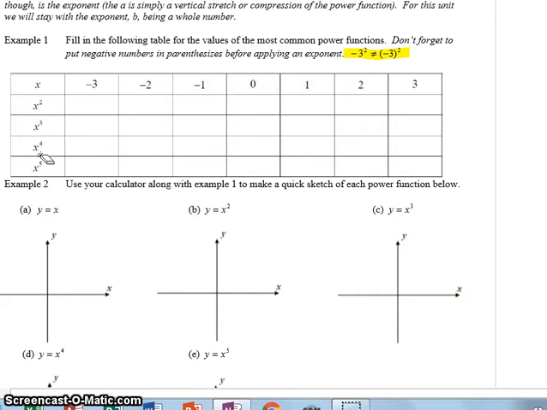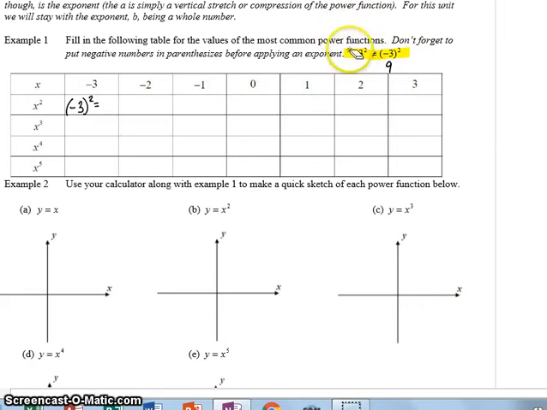So, because it's a negative number, you must use parentheses. If you do not use parentheses, what I highlighted up here tells you that they're not equal, okay? Because this one on the right means the quantity -3 squared, which means -3 times -3, which is a +9. The one on the left means take the opposite.